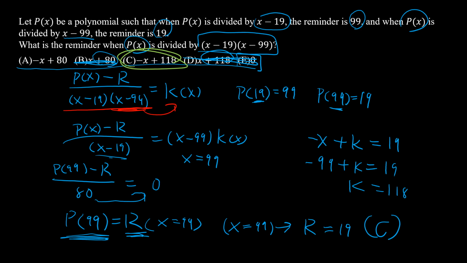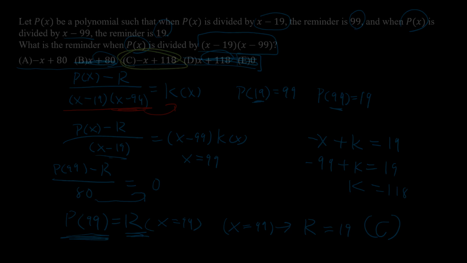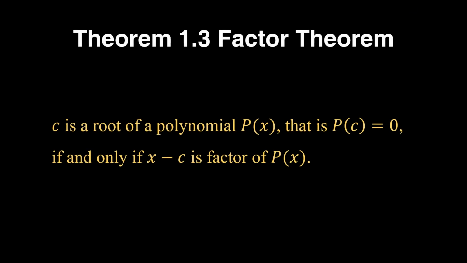Okay, so next, let's go to the next theorem. Factor theorem. c is a root of polynomial P(x), that is P(c) equals 0, if and only if x minus c is a factor of P(x). To understand this theorem, we'll have to understand the meaning of "if and only if." If and only if means double implication: A implies B, and B implies A. If B is true, then A is true, and if A is true, then B is true.